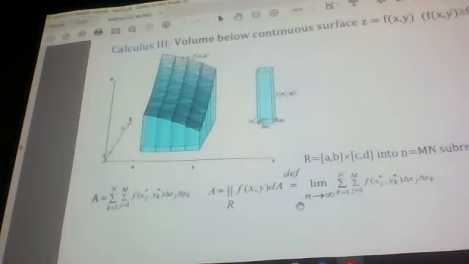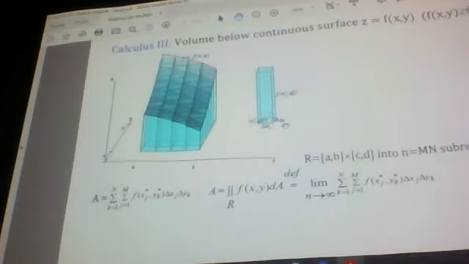In any case, you take the limit as little n, the number of total boxes, total rectangles on the xy plane, goes to infinity, with the width in both the x and y direction going to 0 tacitly assumed, of this double sum, where you're adding height times width times length. That gives you the volume of this jkth, I should say, subsolid.